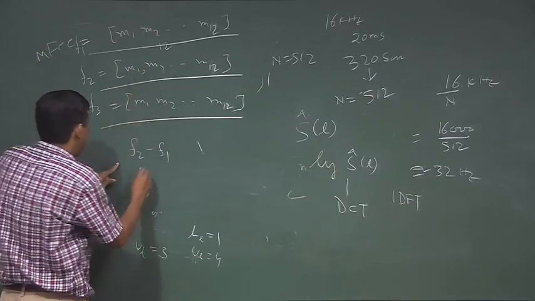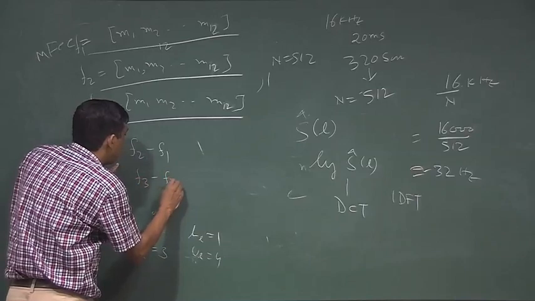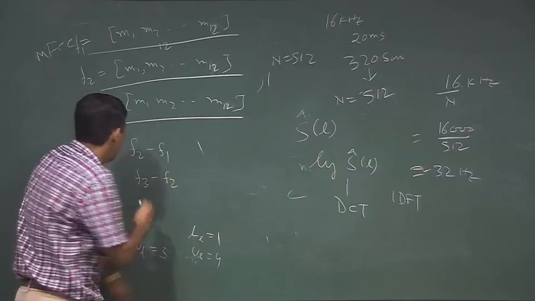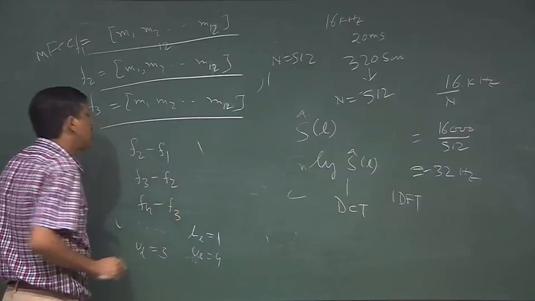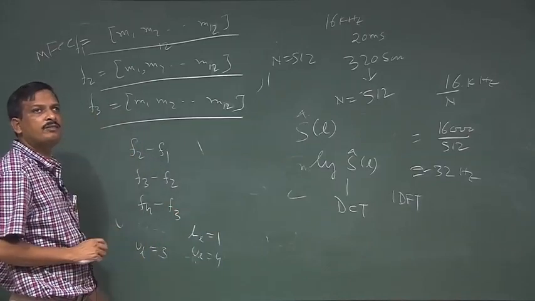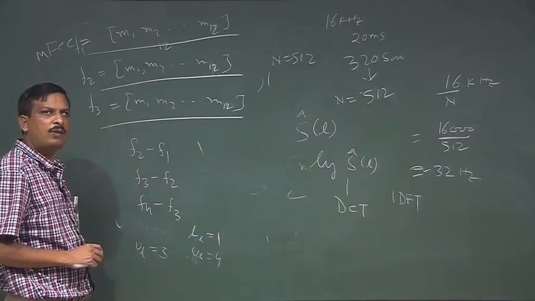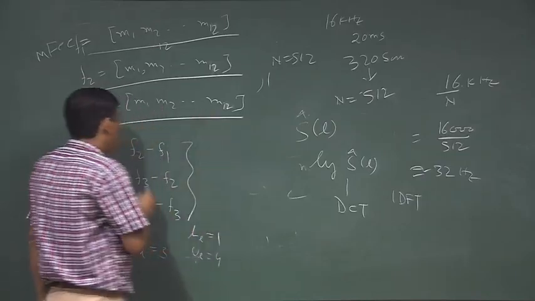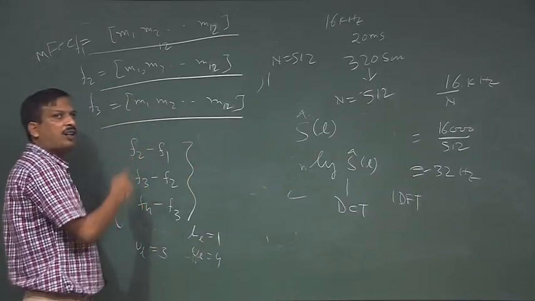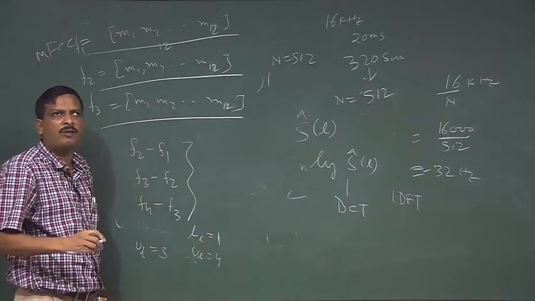Next F3 minus F2, then F4 minus F3. So, this is the first order dynamics. If I want to calculate the second order dynamics, the difference between the first order dynamics is nothing but the second order dynamics.